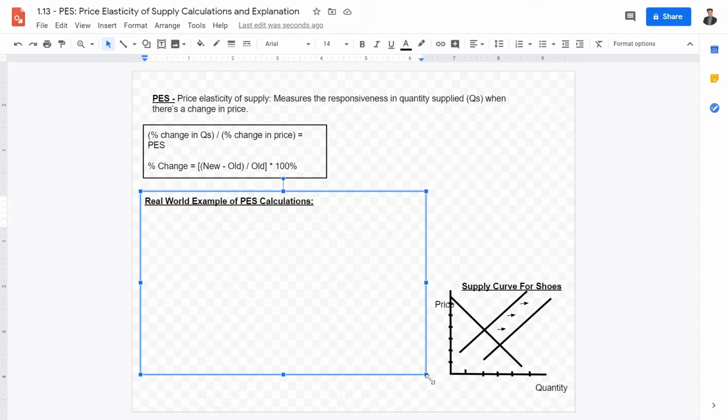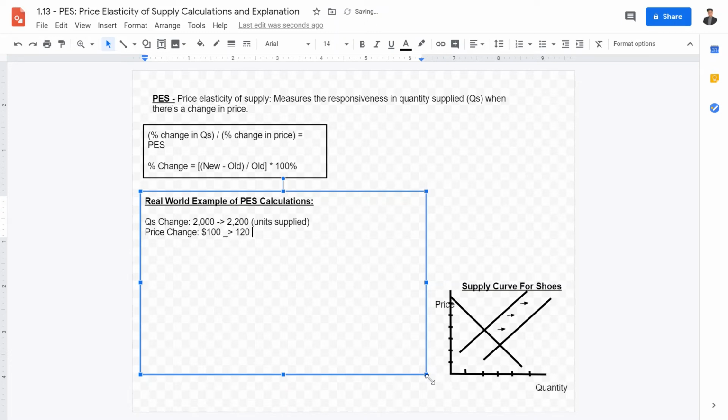So what are the parameters? The QS change is from, let's say, 2,000 units supplied to 2,200 units supplied. Okay, so that's the quantity change. The price change, on the other hand, let's say $100 to $120.